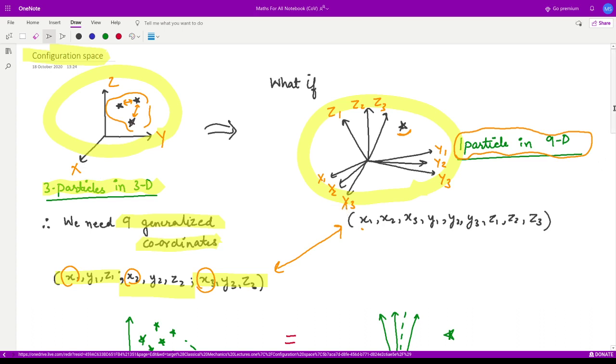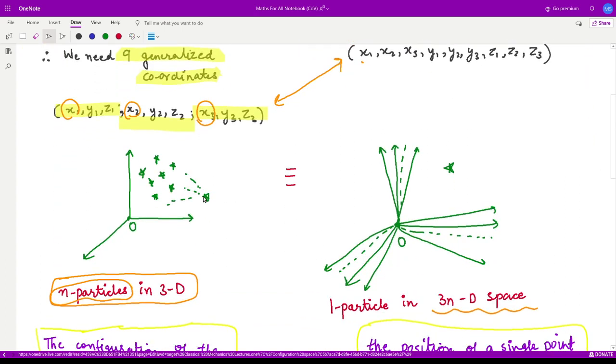Here, because you have n particles, corresponding to these n particles there is one x value. So what if I define one particle and I represent n x-axes? That means this would be x1, this would be x2 and so on up to xn. This would be y1, this would be y2 up to yn, right?